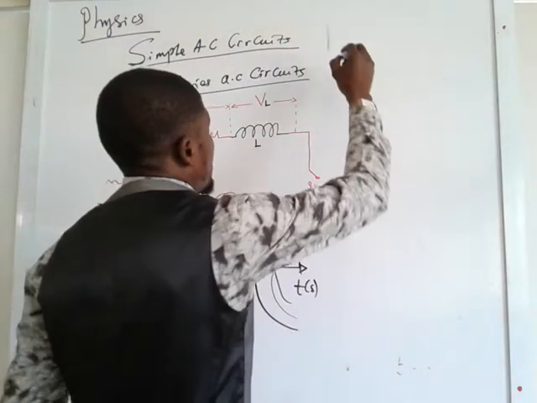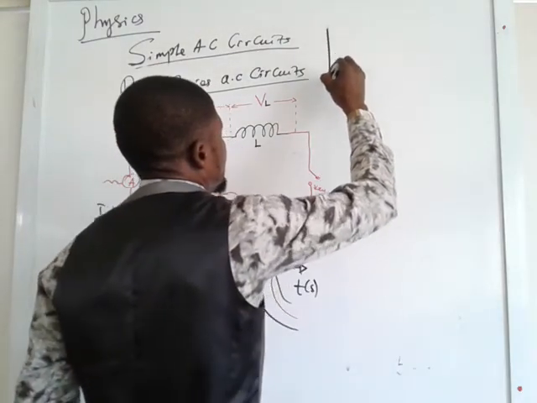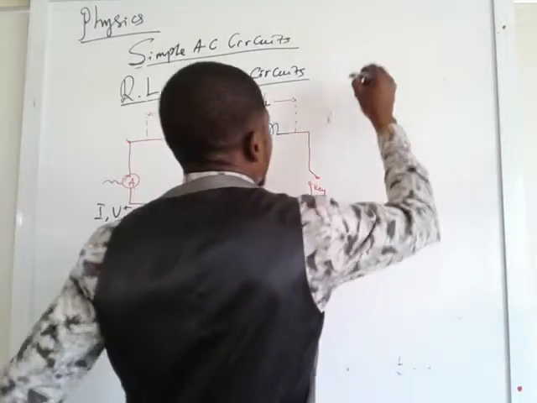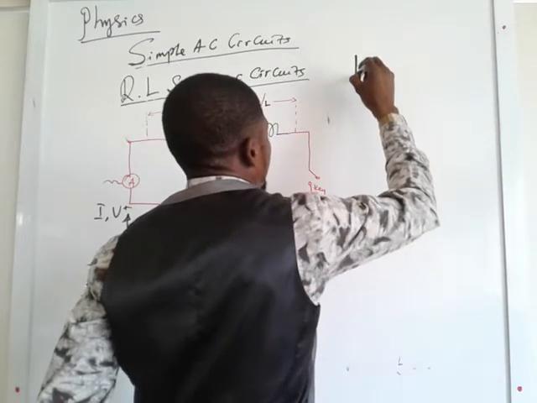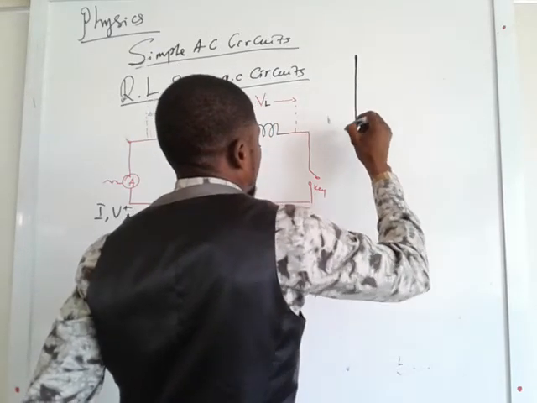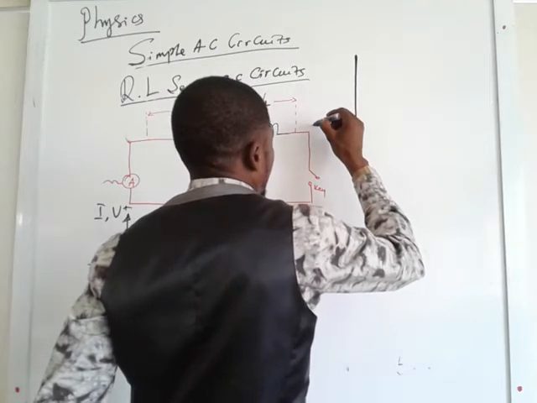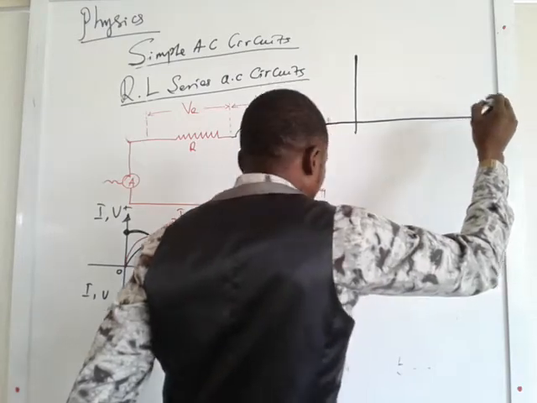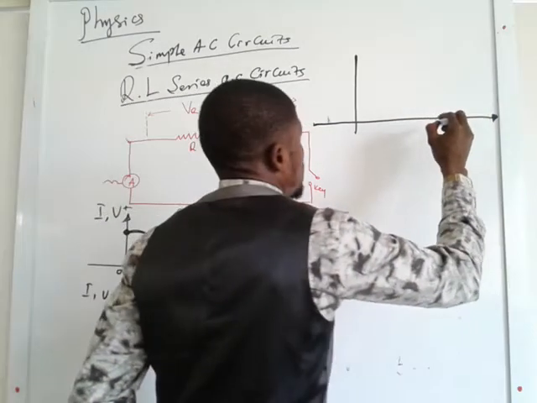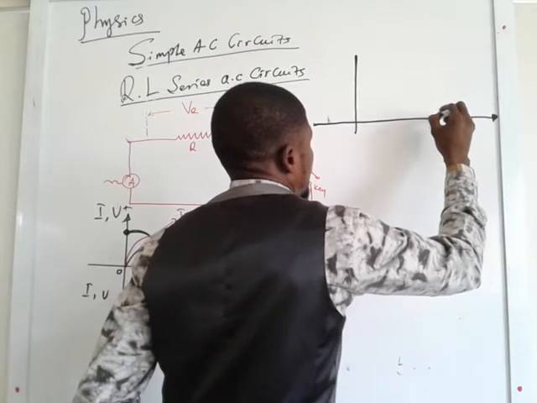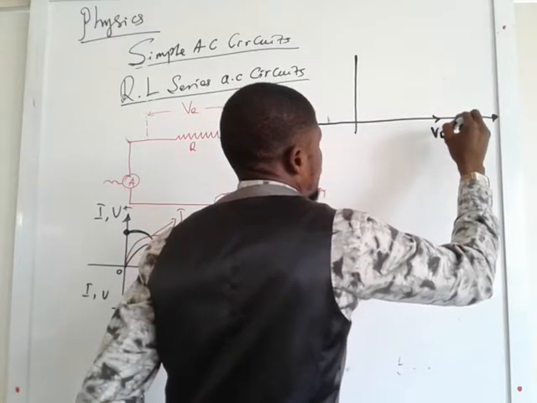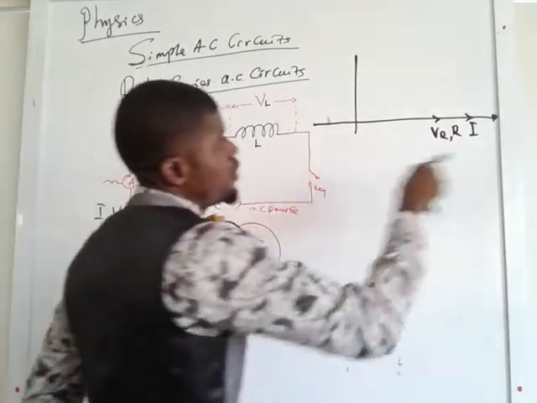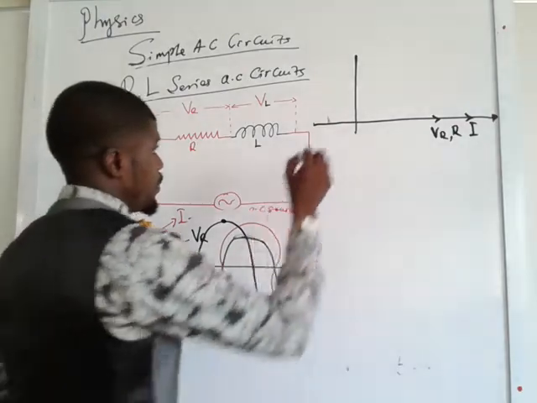When that happens, we have a phasor diagram this way. Phasor diagram or vector diagram is given as this. So this is the voltage across the resistor, the R, and then the current in the same direction since they are in step or in phase.